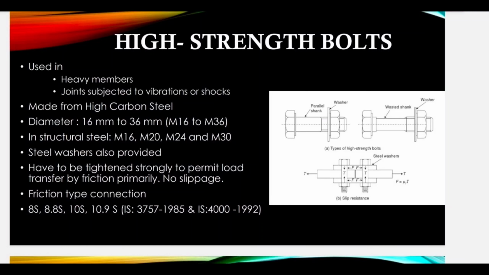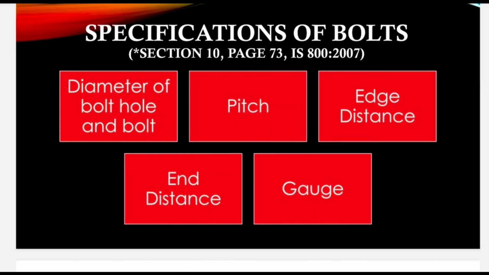Steel washers are also provided. They have to be tightened strongly to permit load transfer by friction with no slippage, so I can use them for friction type connections, using grades 8.8, 10.9 as per IS 3757 (1985) and IS 4000 (1992).